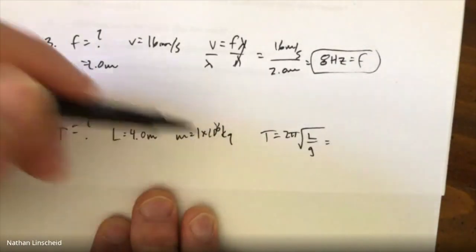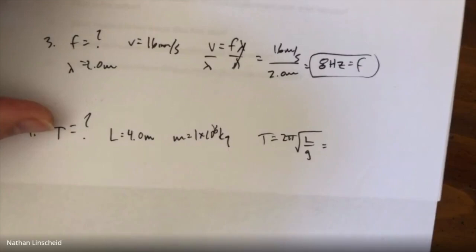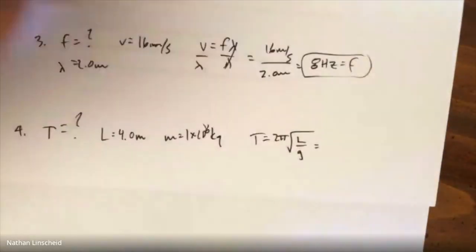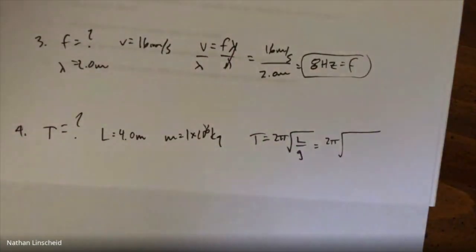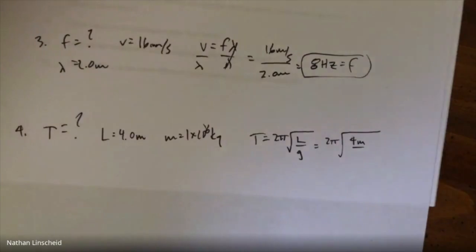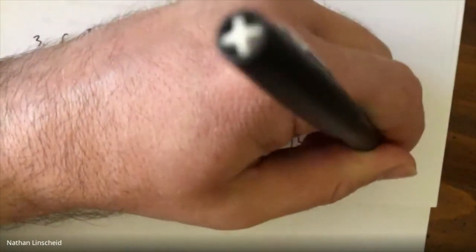So it's great that that mass is so big, but it doesn't matter. So then we can just plug our numbers in here. So it's going to be 2 pi times the square root of 4 meters divided by G, which is, again, 9.8 meters per second squared.